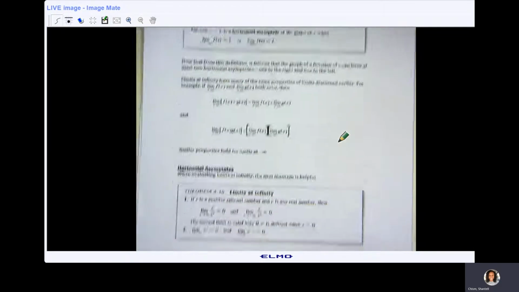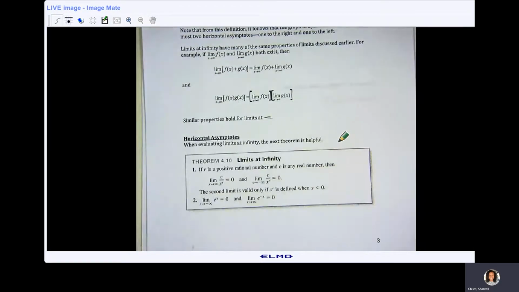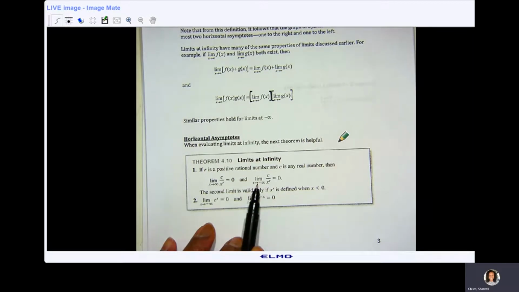Okay? We also have another theorem that relates limits at infinity and rational numbers. The first one says if r is a positive rational number and c is any real number, then the limit as x approaches infinity or negative infinity of c over x to the r will equal 0.